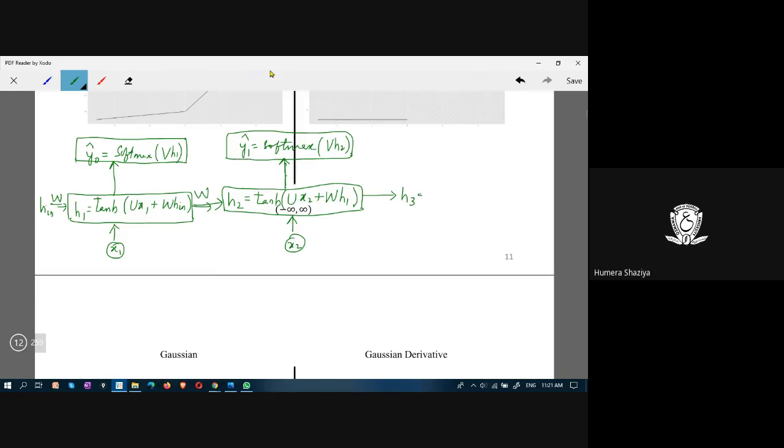And H3 is the same tanh of U X3 plus W H2. And at the output layer, you have Y2 hat equal to softmax of V into H3.